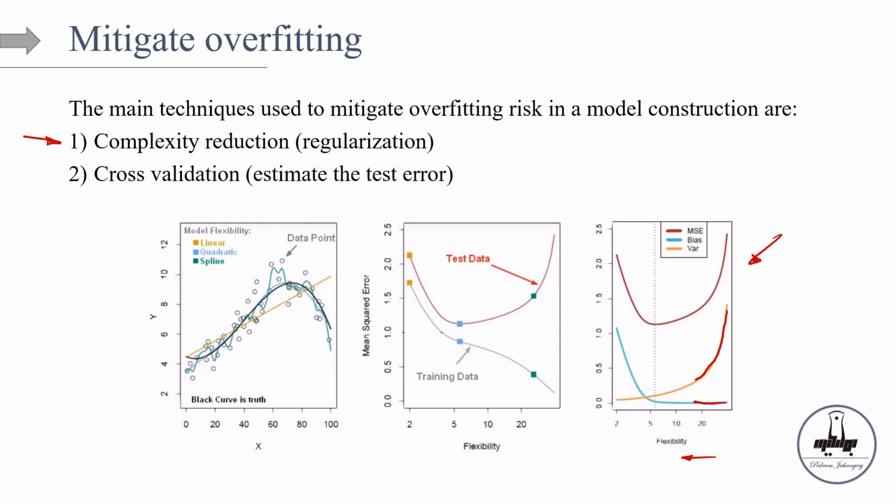Another approach is what we call cross-validation. Basically, we're going to estimate the test set error by a technique called cross-validation. The advantage is that by doing cross-validation, we can calculate the performance metrics on the cross-validated data and see where the error is smallest, right? If it is classification, we can look at accuracy. If it is regression, we can look at RMSE.